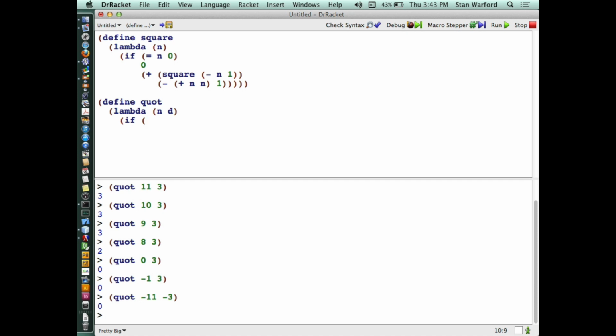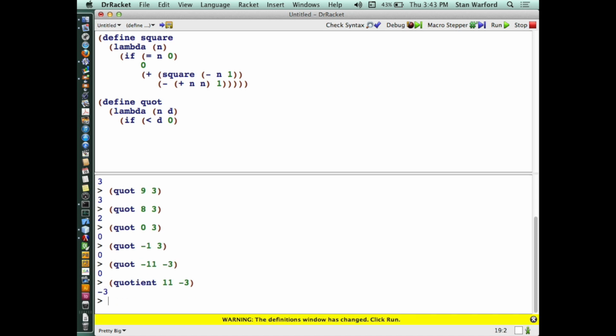So now tell me, if d is less than 0, then what should we return? Let me show you. Let's do quotient 11, negative 3. We should return negative 3.